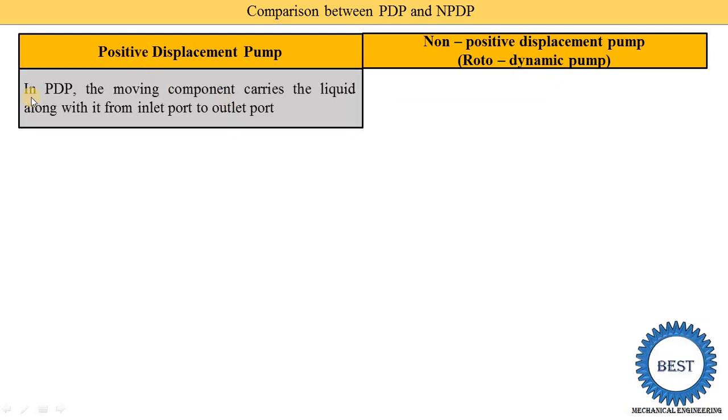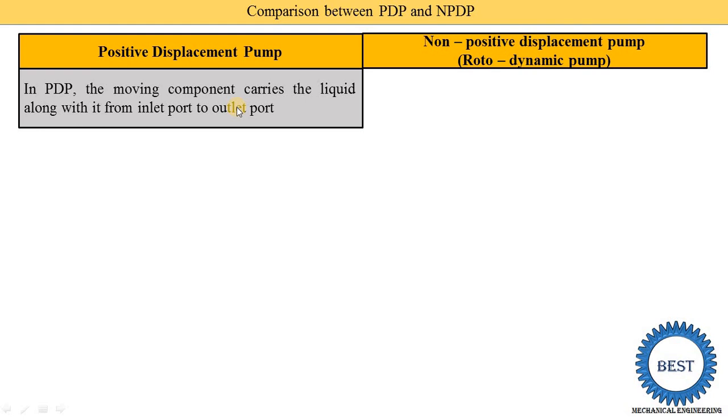First difference is, in a PDP, the moving component carries the liquid along with it from the inlet port to the outlet port. In a positive displacement pump, we use pistons, plungers, diaphragms and gear pumps. In this type of pump, the liquid is carried with the moving component.